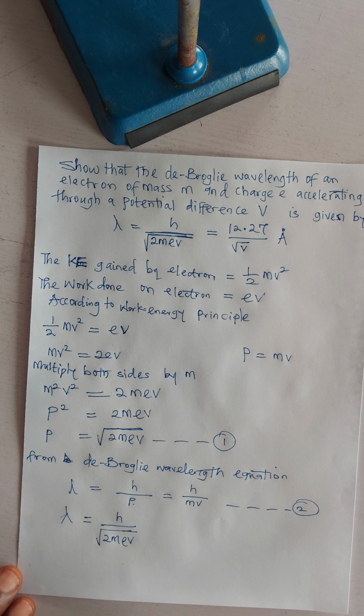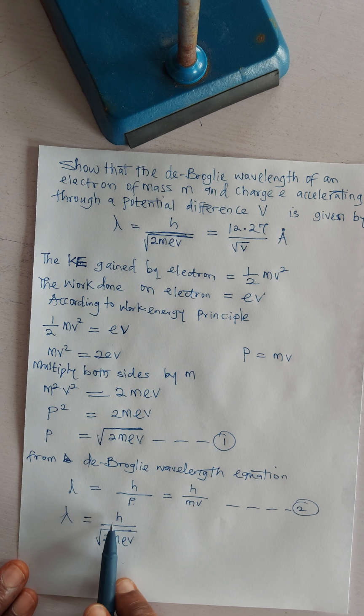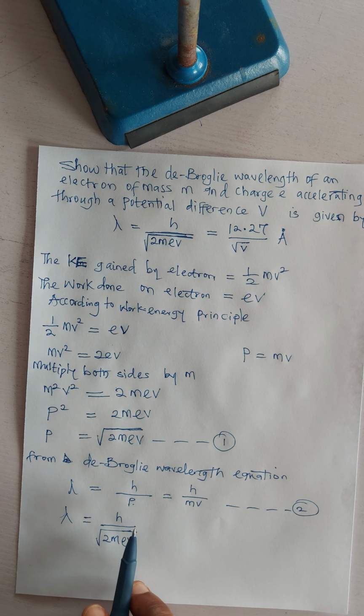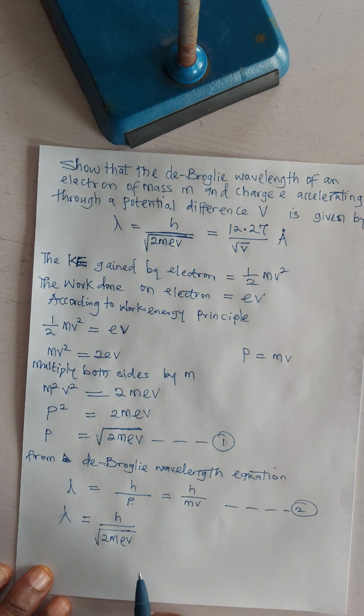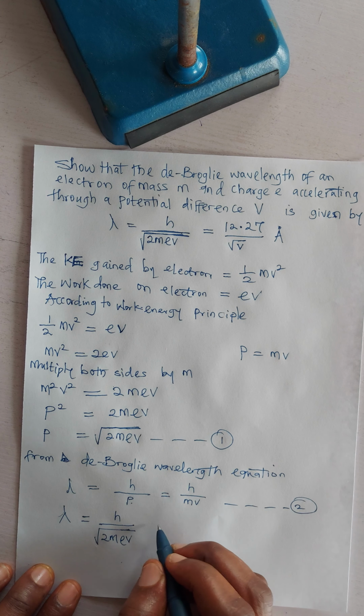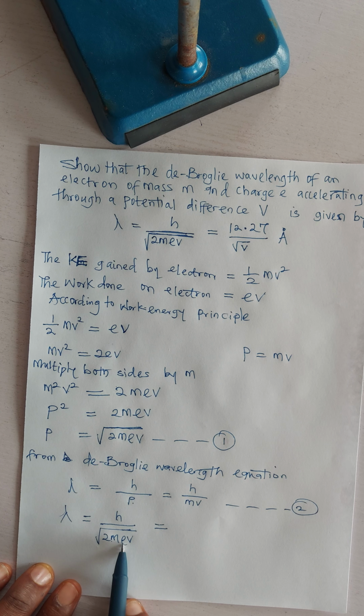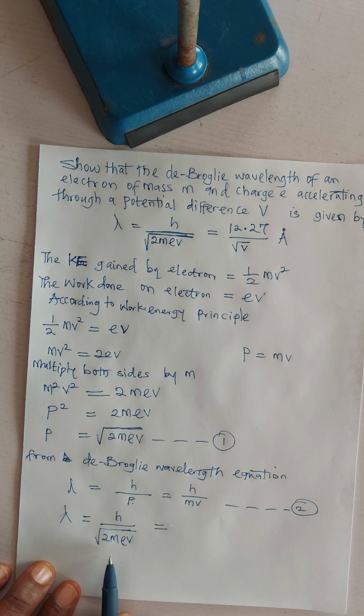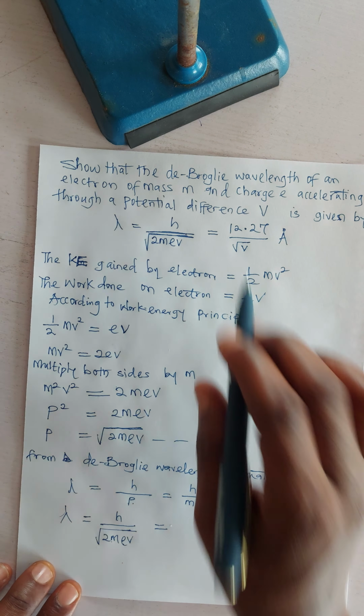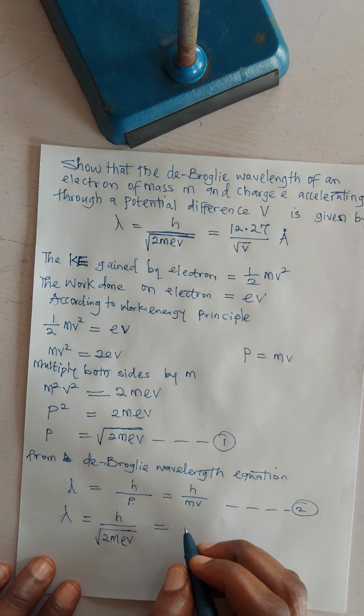Okay, then Planck constant has the value of 6. We substitute the value for Planck constant, we substitute for mass of electron, and we substitute for charge of electron. Okay, then we'll evaluate.